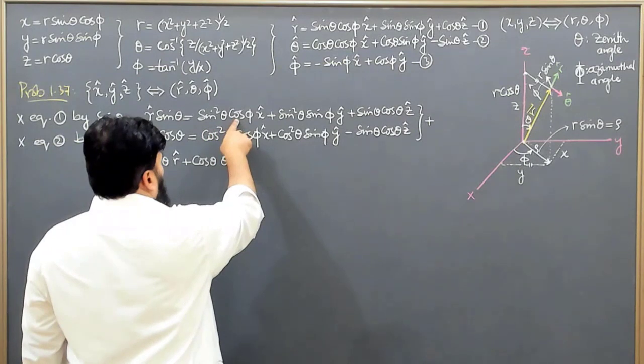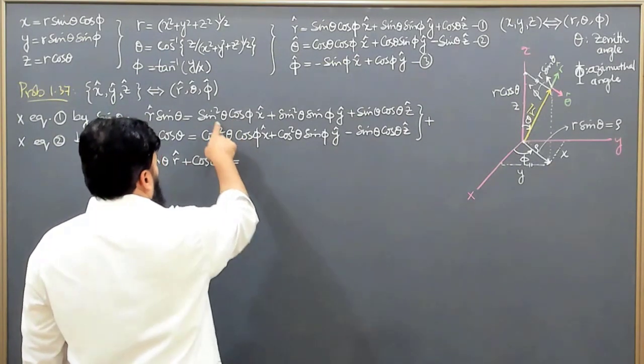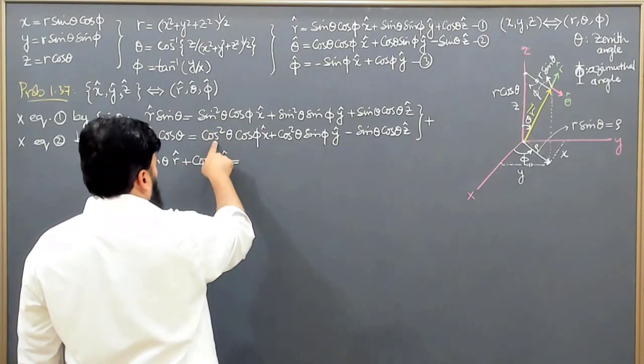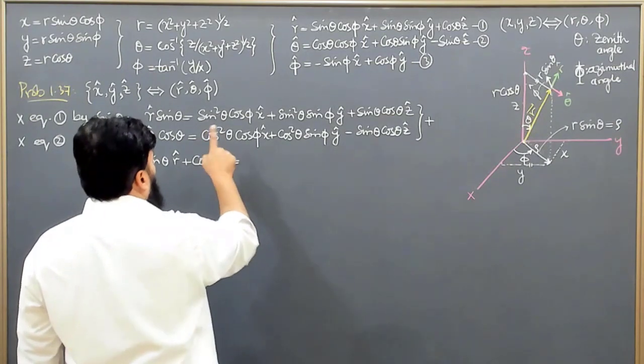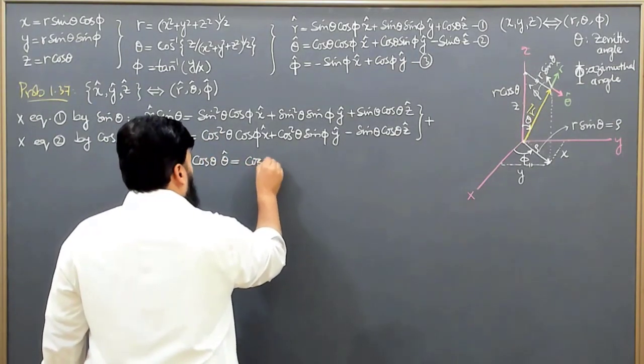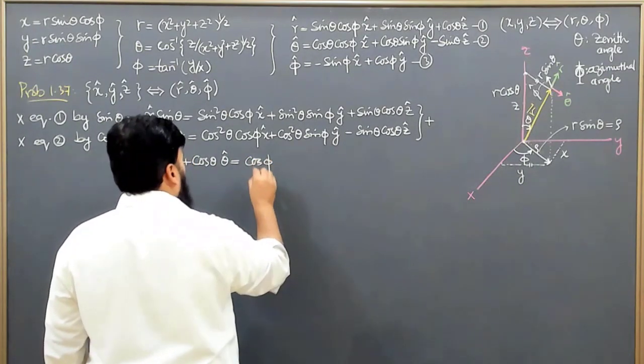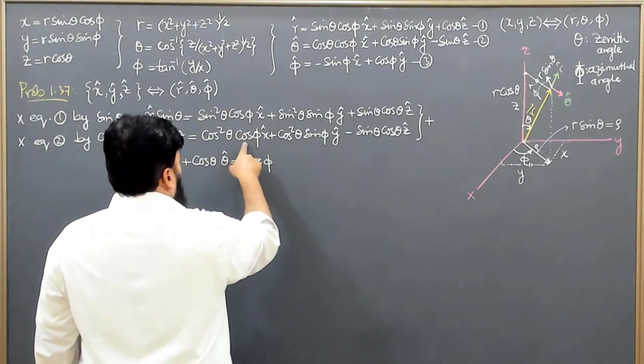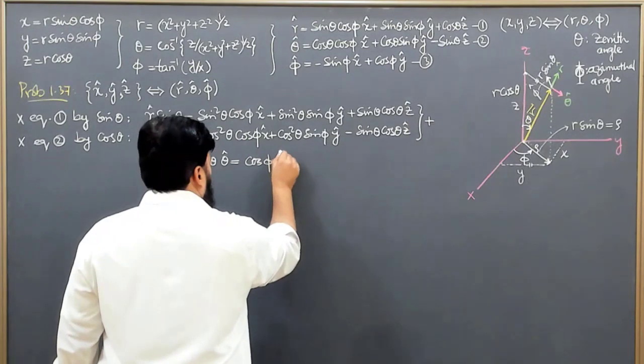If I take cos phi as common, then sine square theta plus cos square theta comes out to be 1, so I can write cos phi x unit vector.